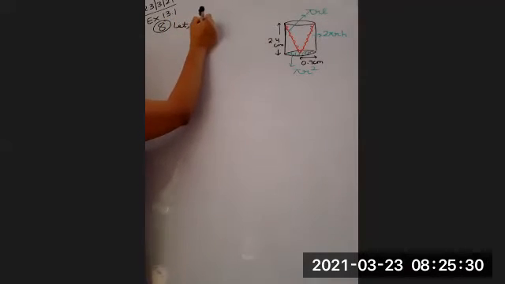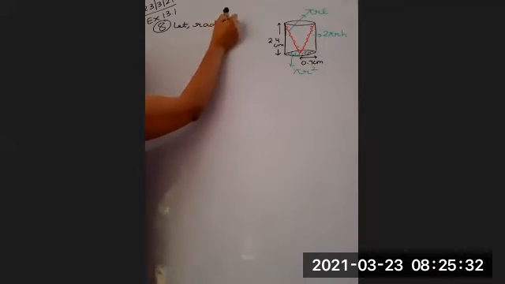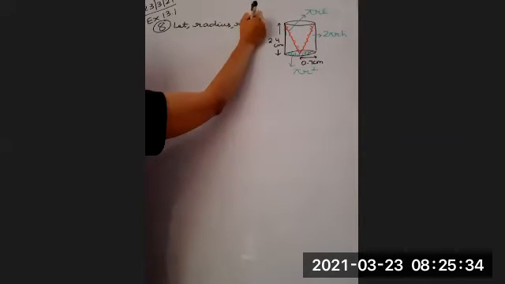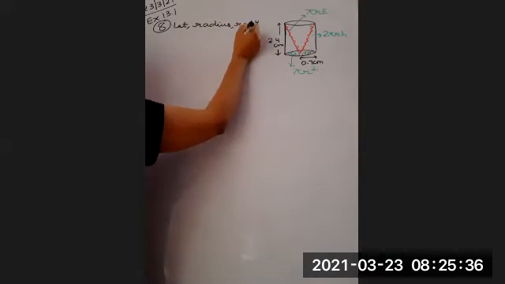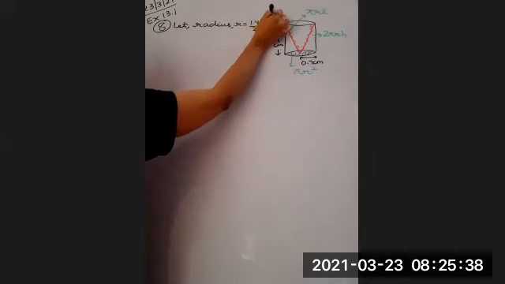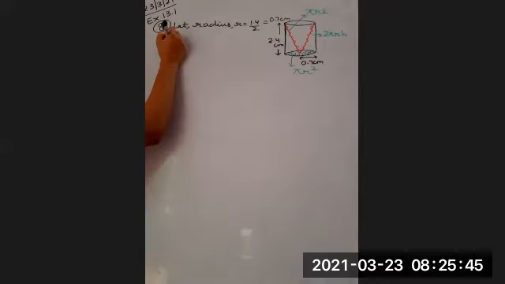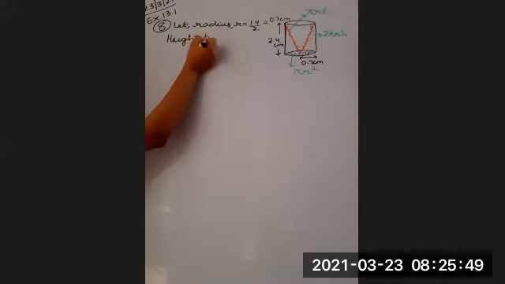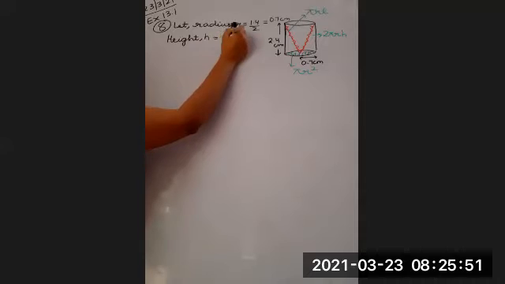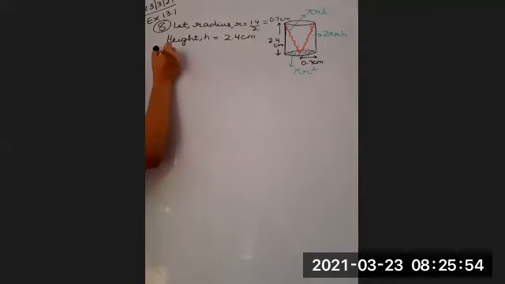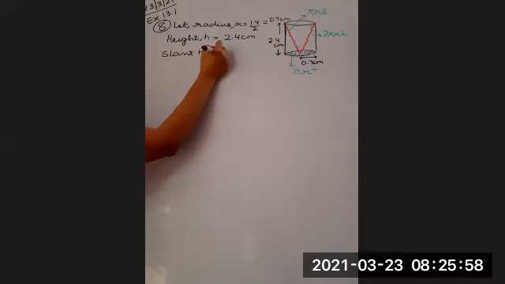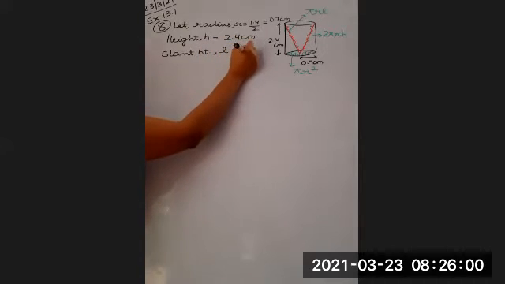Let radius r is equal to 1.4 upon 2. Wait, beta. Radius is this. Height is 2.4 centimeter. Slant height l is a question mark.